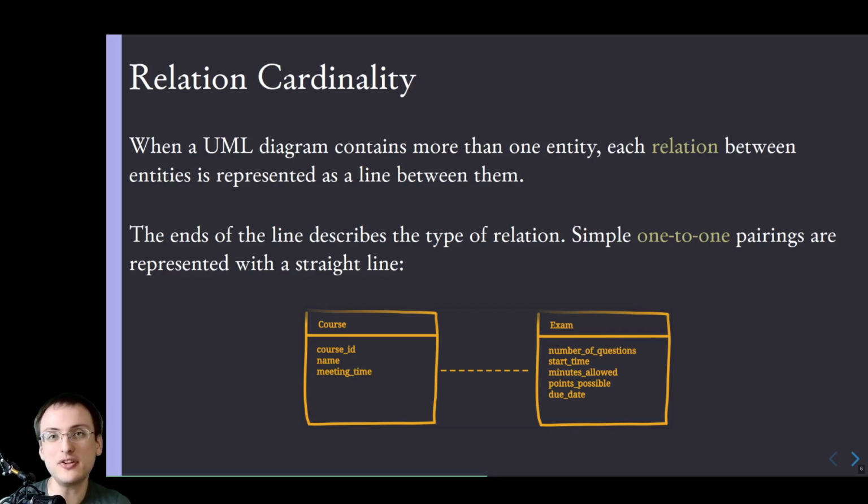Occasionally, when you have a one-to-one pairing, you might end up realizing if you draw it out like this, that you're representing two halves of the same single thing and maybe they get merged together. But this is our simplest form of relation here, saying one of thing from group A belongs to exactly one of thing from group B and vice versa. They are unique pairings. Our next type of relation loosens the grip a little bit.